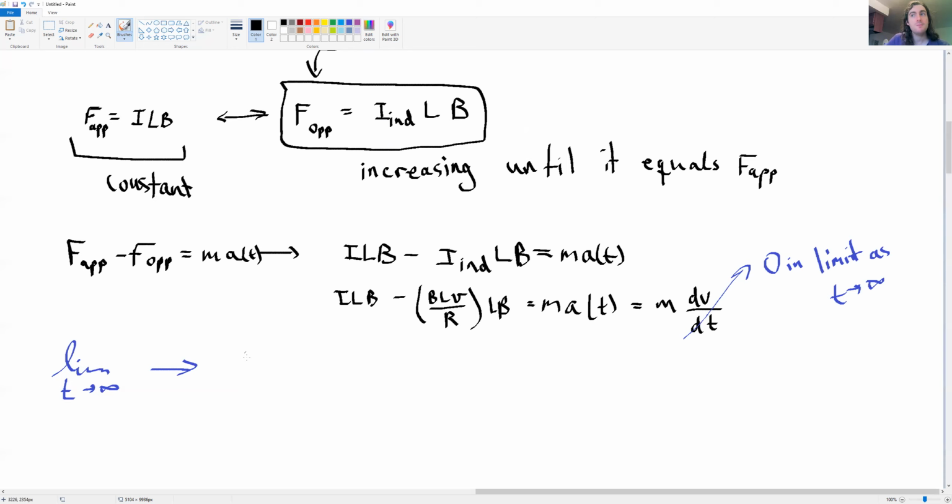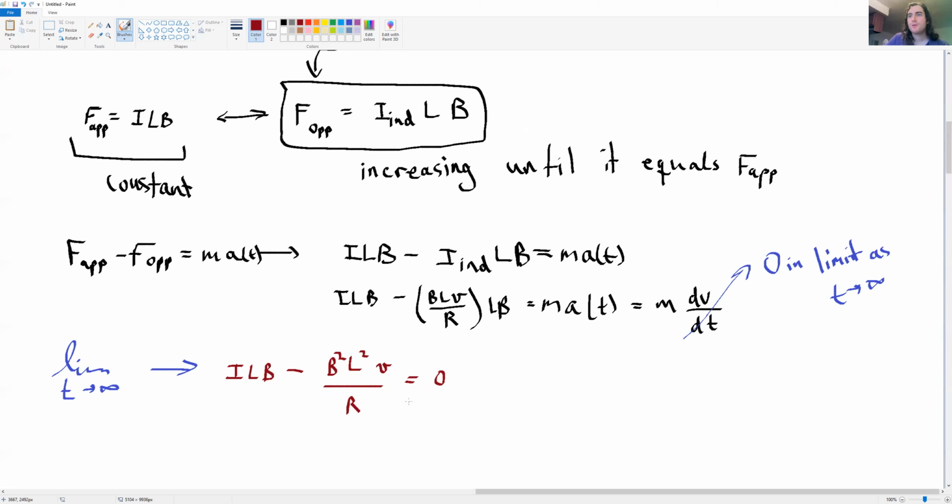The velocity becomes constant in that limit. So what we have is ILB minus B squared L squared V over R is equal to 0. Okay.